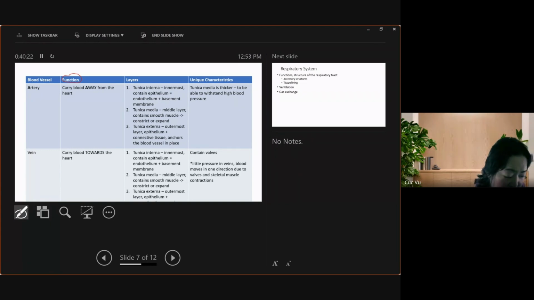A few of you said arteries are always oxygenated and veins are always deoxygenated, which is not true. Mostly true, but not always true. So you have to be really careful about that, okay? So in terms of definition, you cannot say that all arteries carry oxygenated blood. 99% do, but not all.